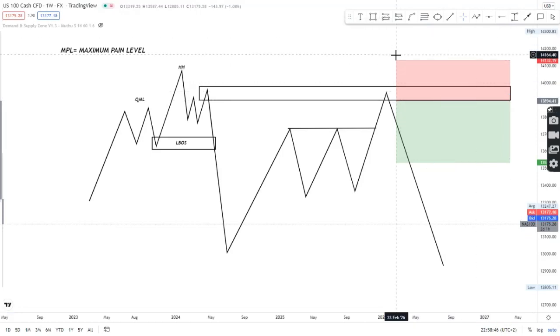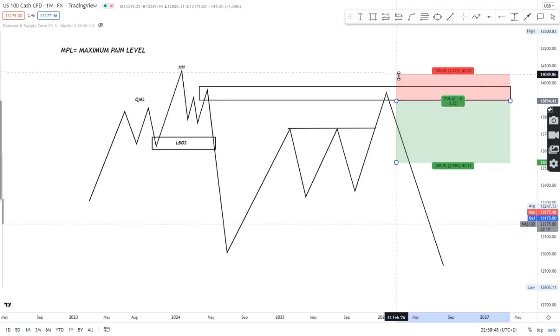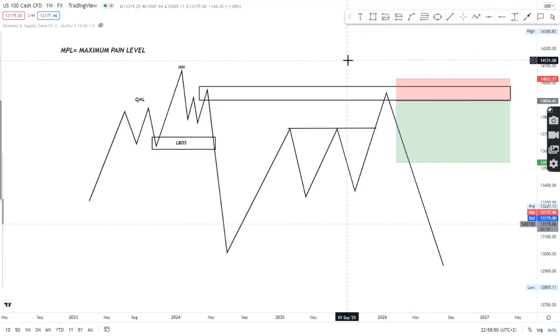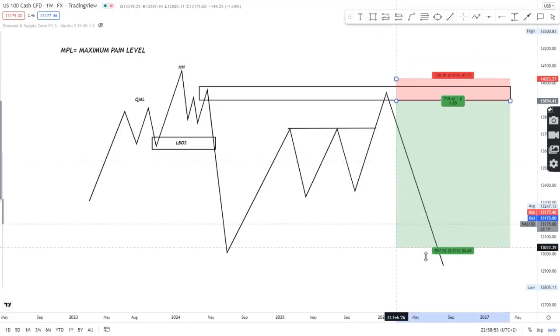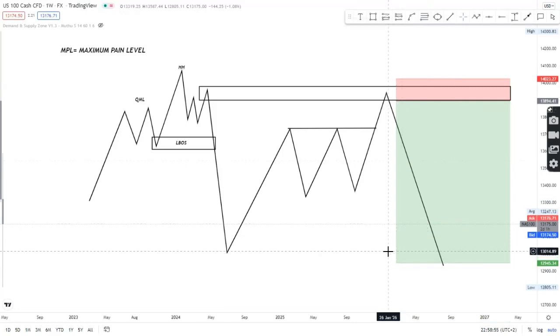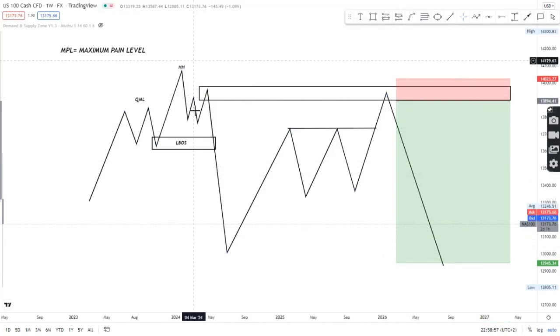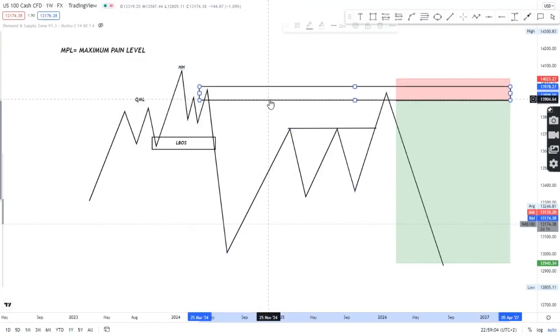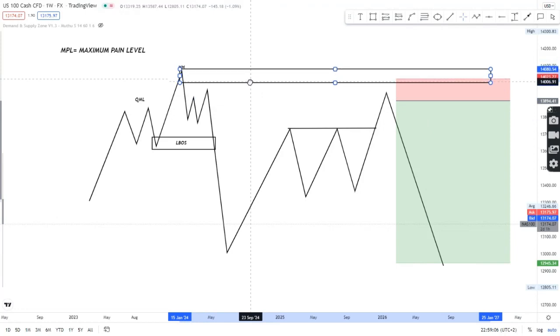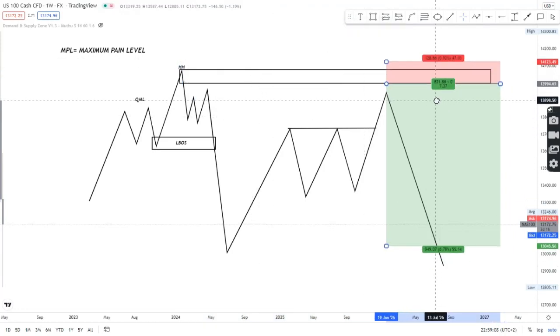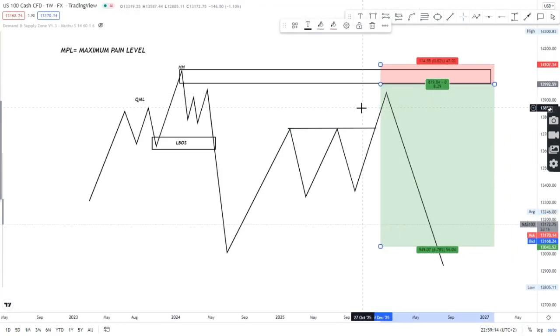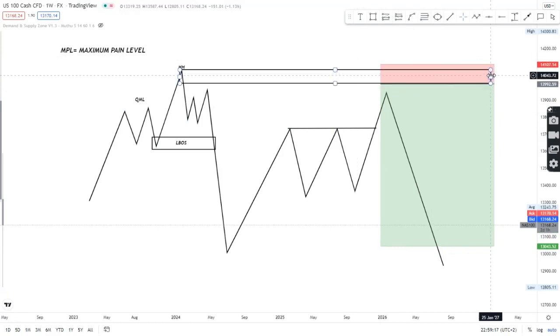And remember, when you have an MPL, you have your stop loss above the MPL, and you sell, right? If you have an MPL at that particular setup, then you're going to sell from the MPL. However, if you don't have an MPL and you only have the higher high right there, the rally based drop, then your stop loss is going to be above the higher high. That's where you're going to put your stop loss.